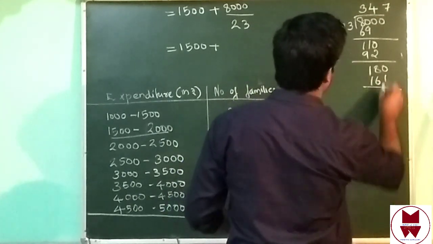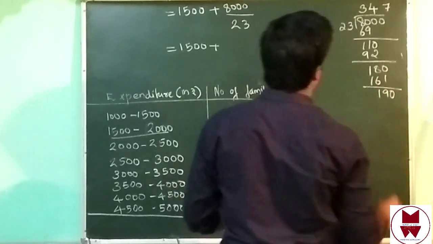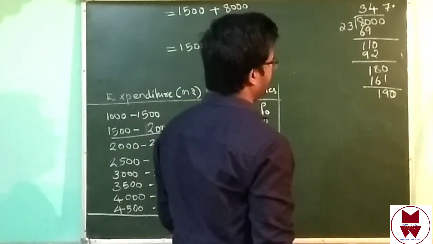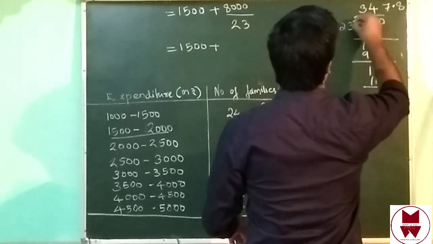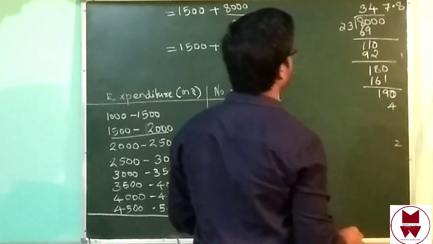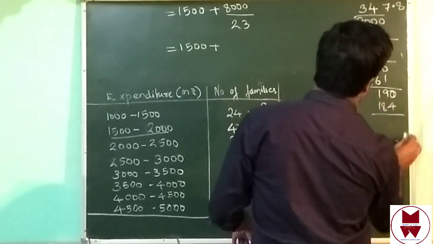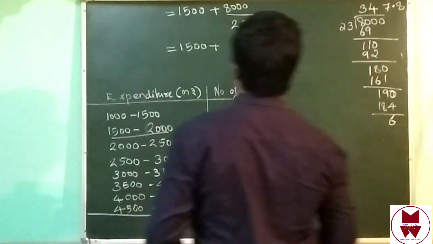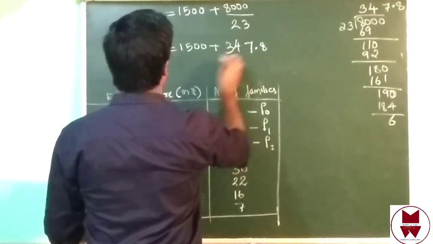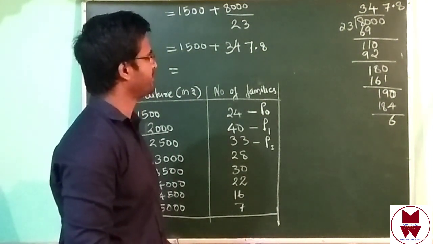And then you will get 9. In 190, 8 times. 8 into 3, remainder 2, then 8 into 2, 16 plus 2, 18. Then here you will get 6. That's enough. We can write 347.8.